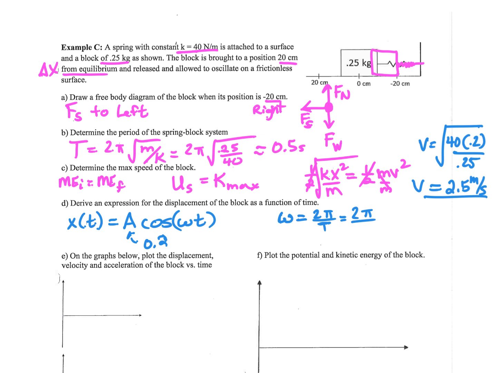So we end up with an omega of 4 pi, don't we? So this is 4 pi. So let's write it out. We know that x of t is equal to 0.2 cosine of 4 pi t. There we go.